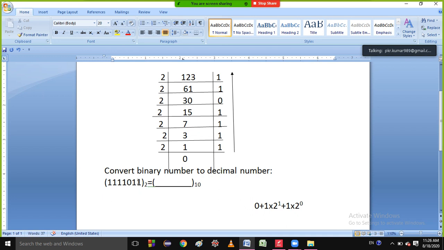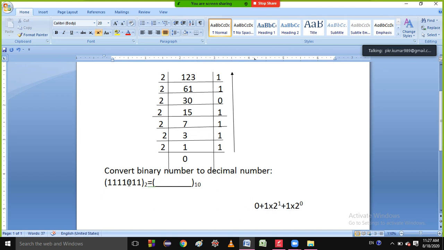The first digit is 1, so I will write 1 over here. Then I will multiply this 1 by 2 power, and the starting will be 0. So 2 power 0 is the start, so 1 multiply 2 power 0. Then the next number is 1. So 1 multiply 2 power what? 1.